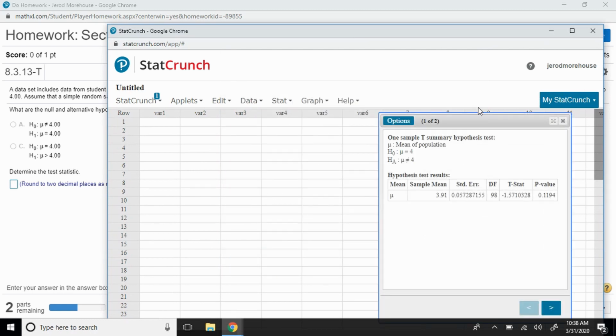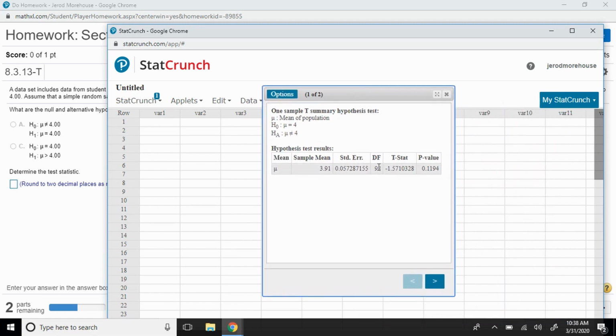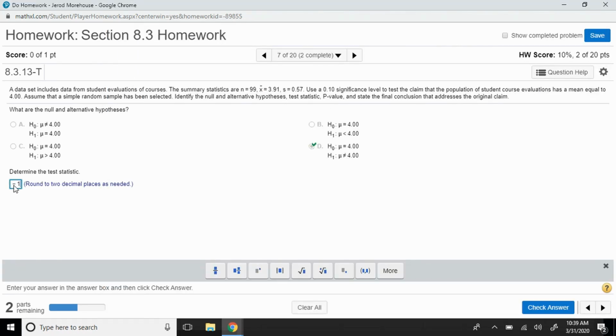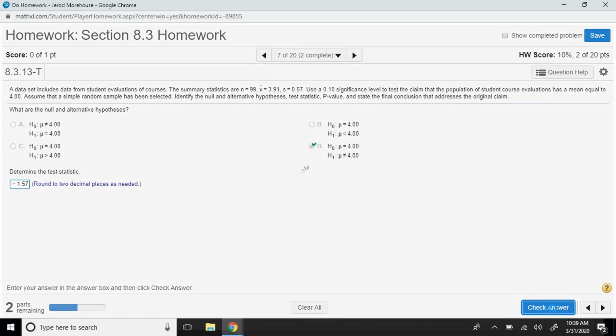Compute. Now it gives us all the good stuff here. Our t-stat and our p-value, our degrees of freedom, the sample mean we already knew. So let's go ahead and type the test statistic in here, negative 1.57. Check that. And it likes it. That's really good.